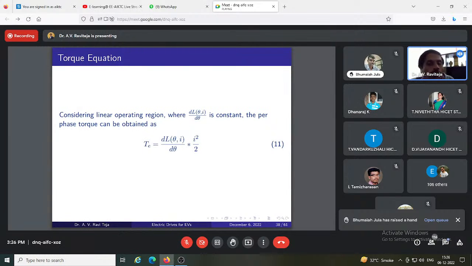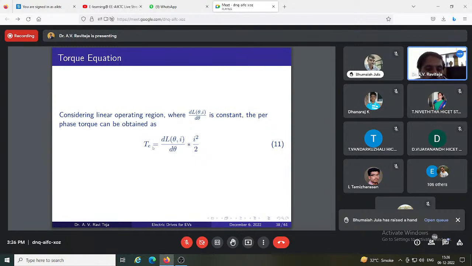Right? So if we ignore saturation for the time being, the torque equation depends on I square dL by d theta by 2. What does this expression tell us is that whether you make positive current or negative current in SRM, torque will always remain positive.